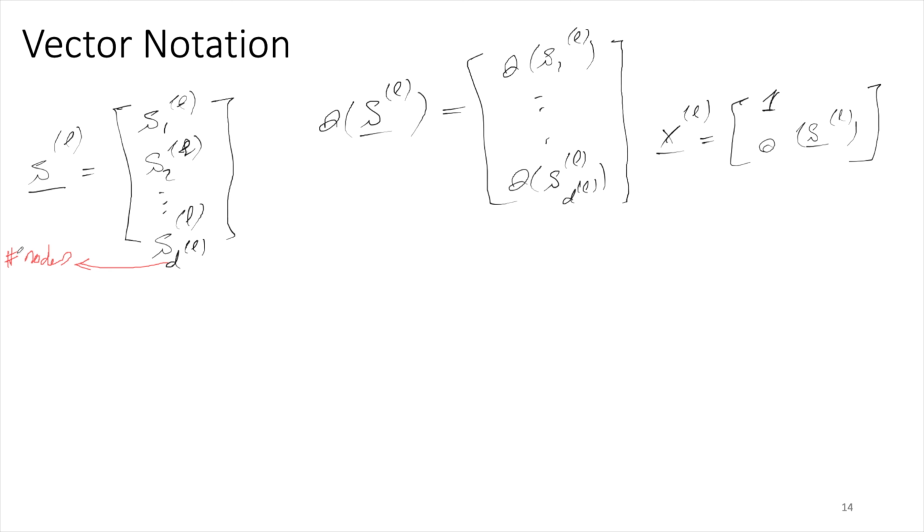Our x's can be represented as the vector of x in layer L as 1, the first one, and the others are the activation function, the output of theta of S of L. So now your W's become the vector WL as Wij of L for our i's from 0 to D and our j's from 1 to D, right?